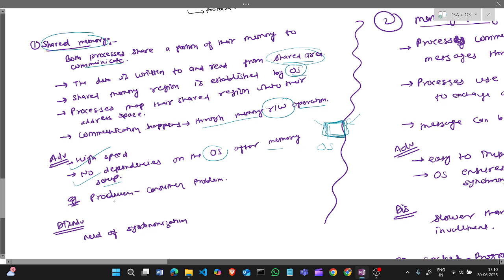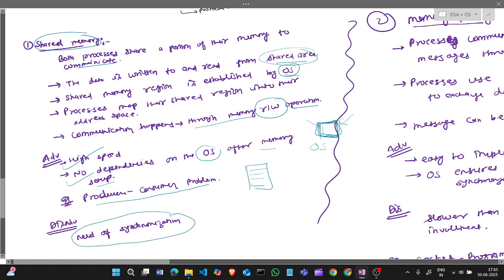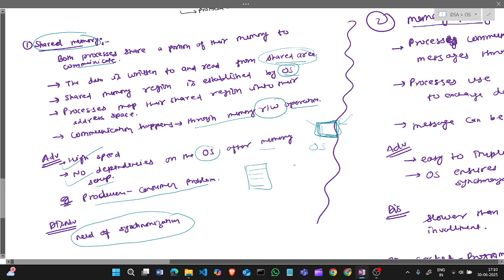For example, the producer and consumer problem, where they share a common stack. A disadvantage of this is the need for synchronization. So we need a synchronization technique in shared memory. Shared memory is also called a critical section in synchronization, where the common resources are accessed.